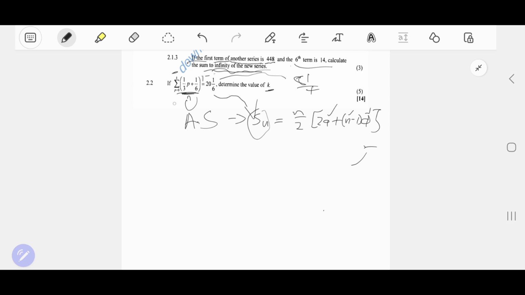You get your first term by substituting the first number here. My first number, which is p here, is 0, so 1/3 times 0 plus 1/6. This represents my T1.